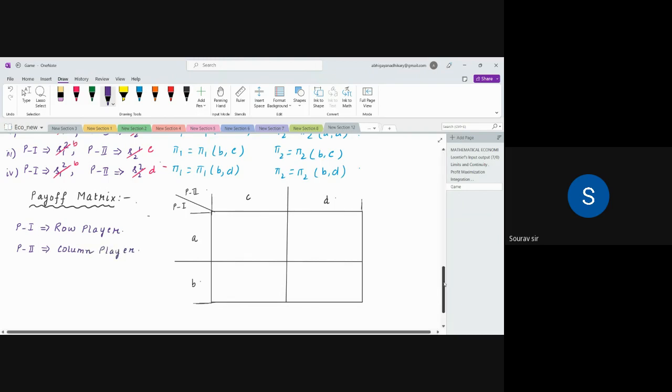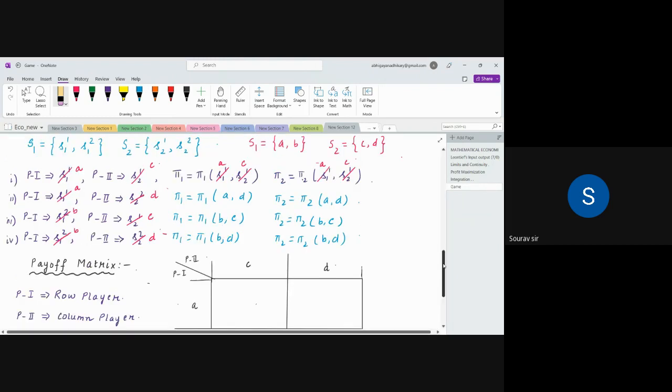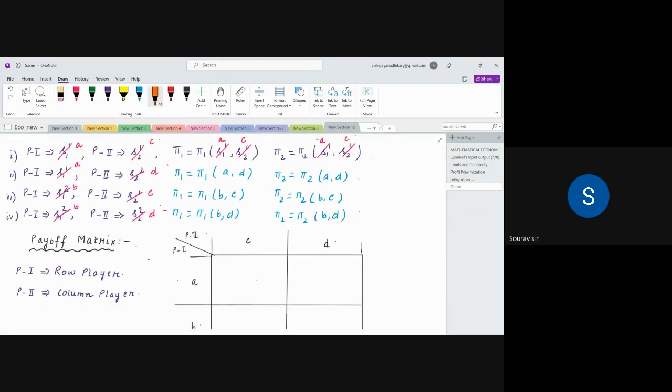Now, what are we going to fill into these boxes? Take a look at the first box. Just before that, the first box basically tells us that player one has decided to choose strategy A and player two has decided to choose strategy C. Now, if this is the case, what is each player's payoff?